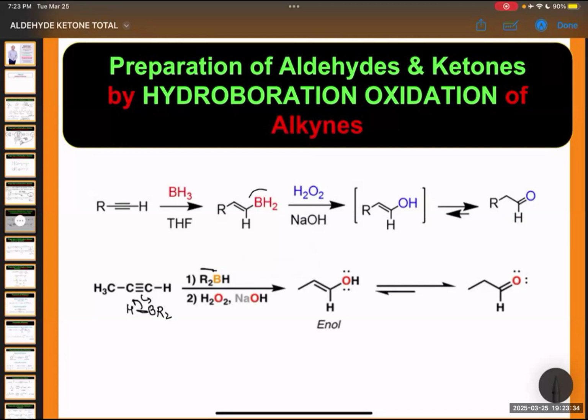And with H2O2 and NaOH, this boron is going to get oxidized to OH. And you have tautomerization, so you will end up with an aldehyde on terminal alkynes.